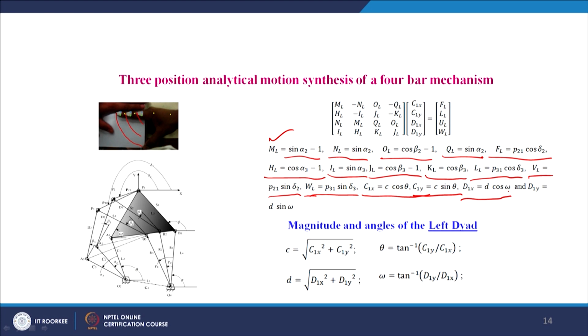Then we will have a standard matrix form, which is given by this equation, that is a matrix multiplied by a vector equal to this vector.